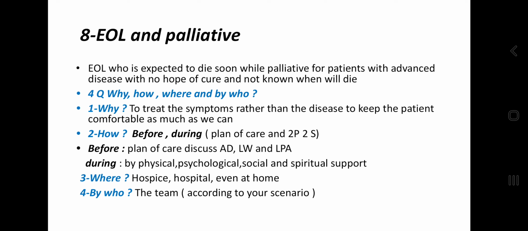During, by 2B, 2S: 2B physical, psychological; 2S social, spiritual support, where it can be done in hospital, in hospice, even at home. By whom? By the team according to your scenario: the end of life care team, or the palliative team. Macmillan nurse if there is cancer.